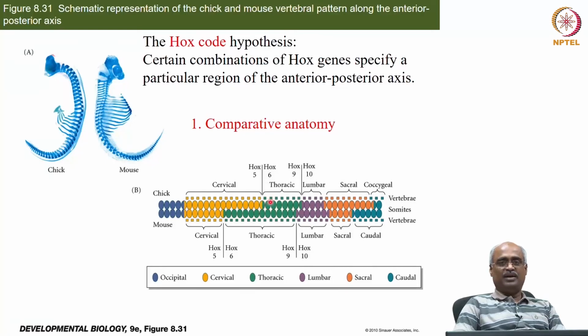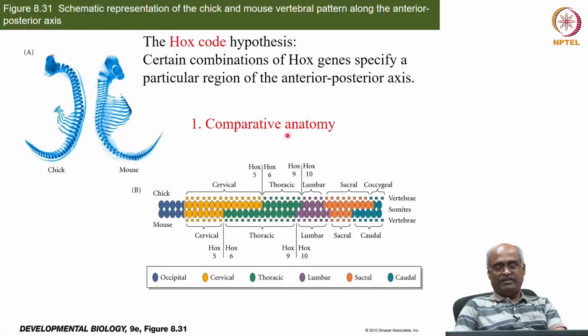So in other words, if I remove Hox 6, Hox 5 will extend. That's what happens when you delete a Hox gene: the anterior structures shift posteriorly. This is exactly what we saw when we were discussing Antennapedia in Drosophila. So this is another important point we need to remember. The posterior most gene expressed in a given position in the anterior posterior axis determines what segmental identity that portion is going to get.